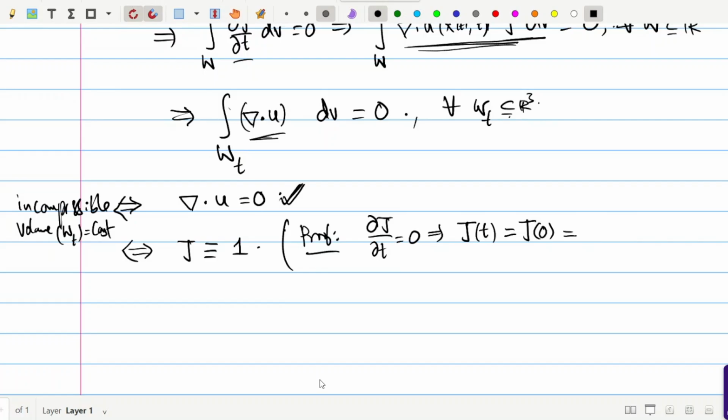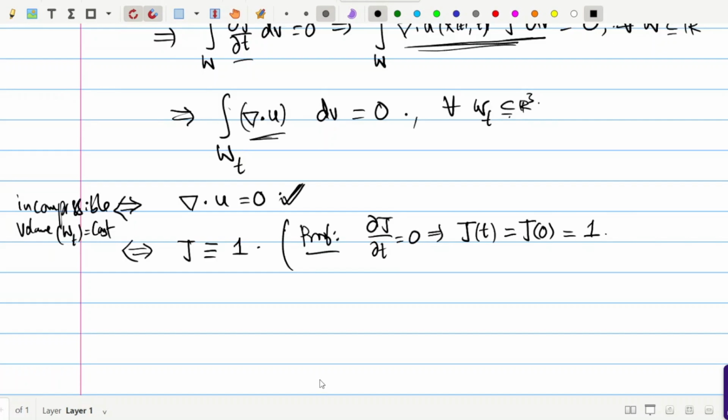But J0 equals simply the identity, right? It's 1, because this is the determinant of dou x by dou zeta. What is zeta at t equal to 0? That is simply x only, right? Small x, not x bar. X bar is basically x, y, z.